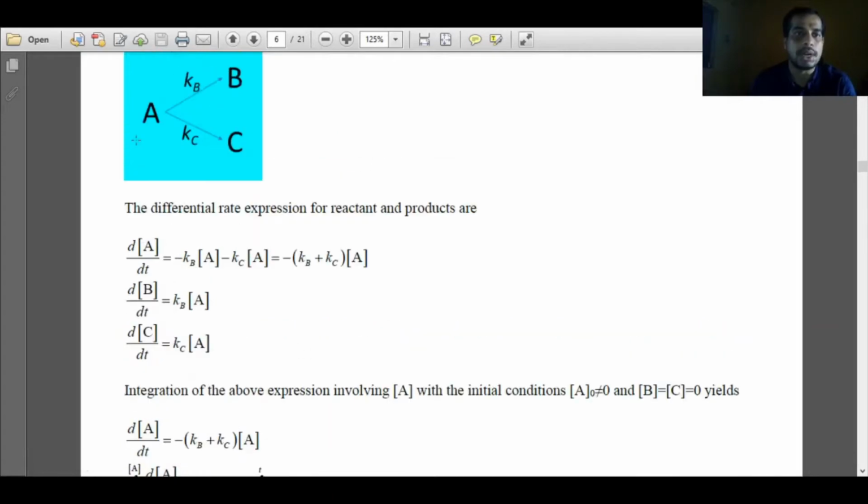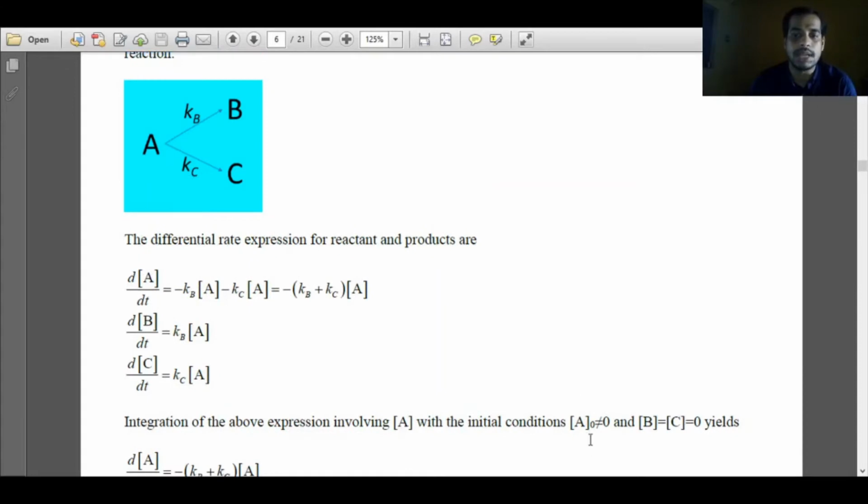Suppose I want to know the concentration of A after a certain time T. To know that, I have to integrate this differential rate law expression of A. Further, we have assumed that at zero time, the concentration of A is A0 and A0 is not zero, meaning at zero time there exists a certain amount of reactant A, and at zero time the concentration of B and C is zero.